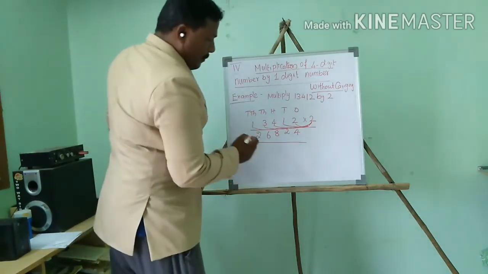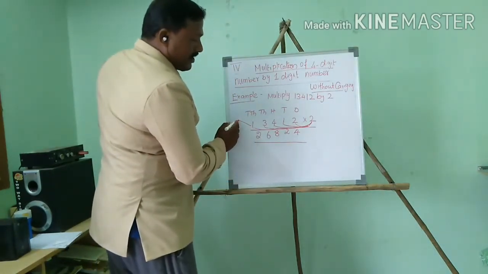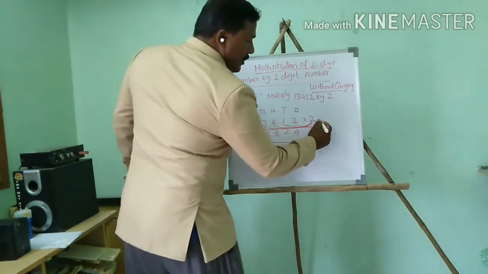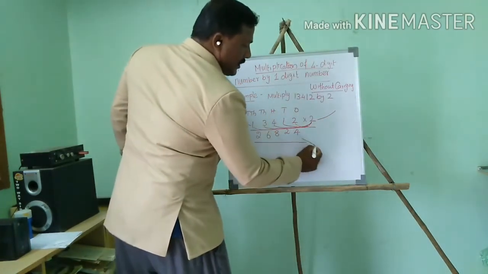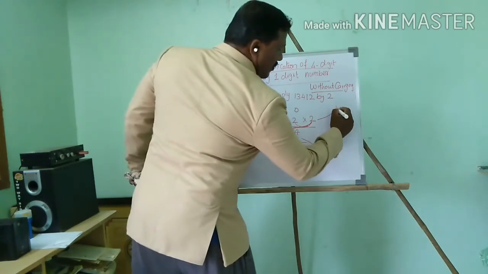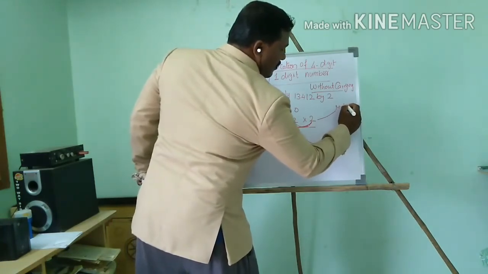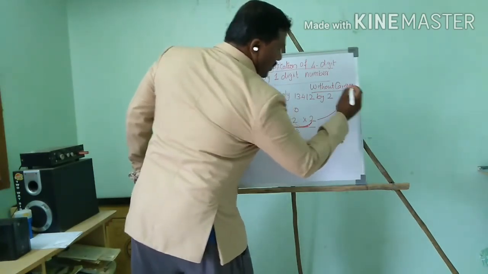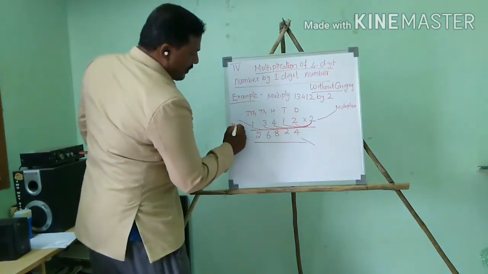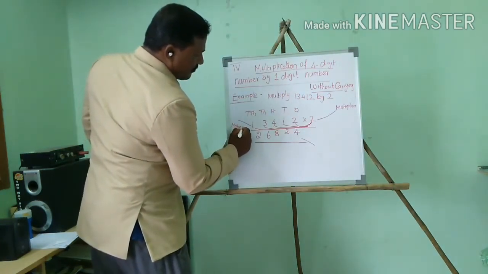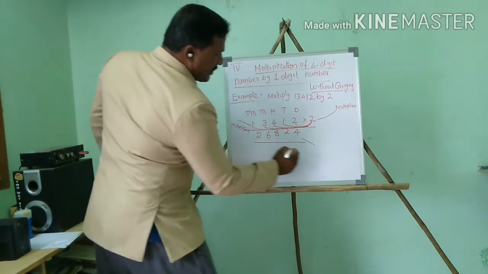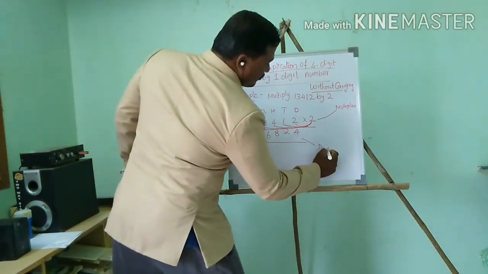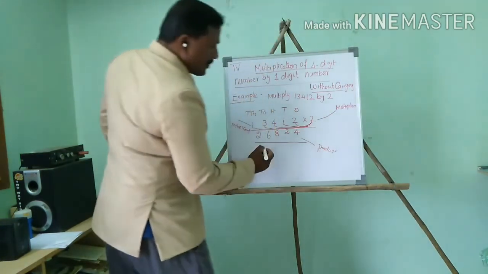So you know very well, it's a multiplicand, it's a multiplier, it's a product. So how to say it in words?